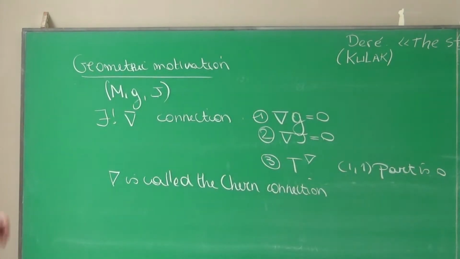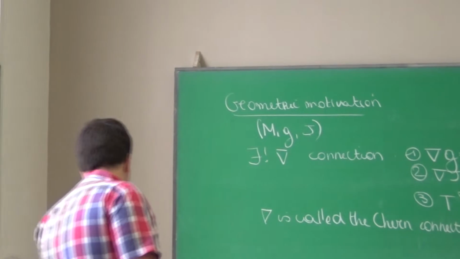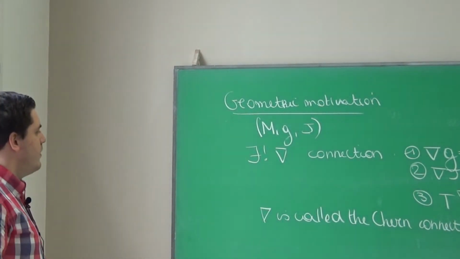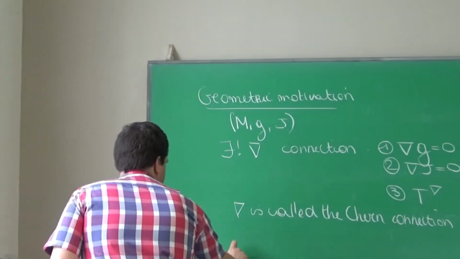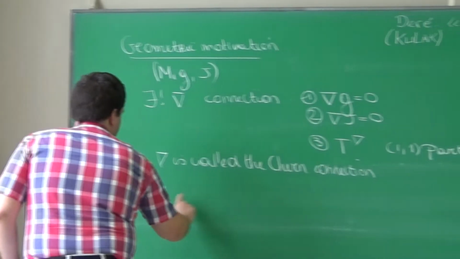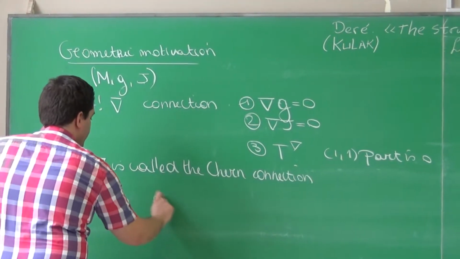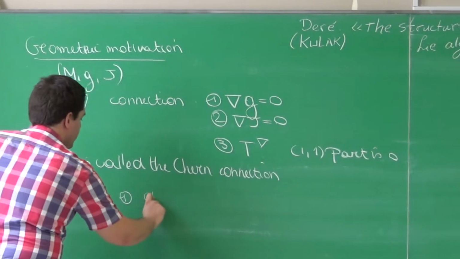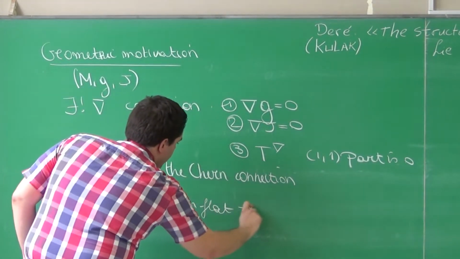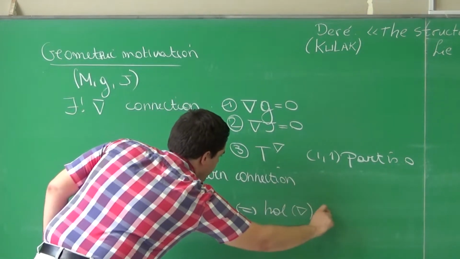And given your manifold M and this connection, you could study all sorts of properties. There are two properties that people were interested in. The first one is that the manifold is what we call Chern flat. It just means that the holonomy group of this connection is trivial.